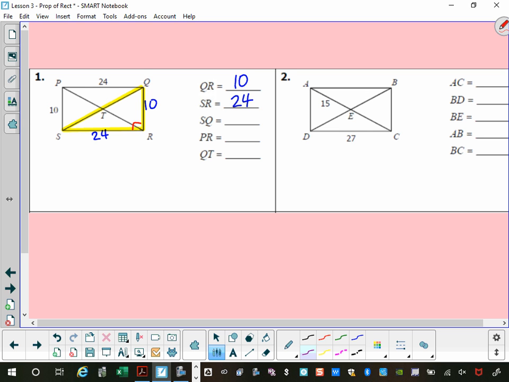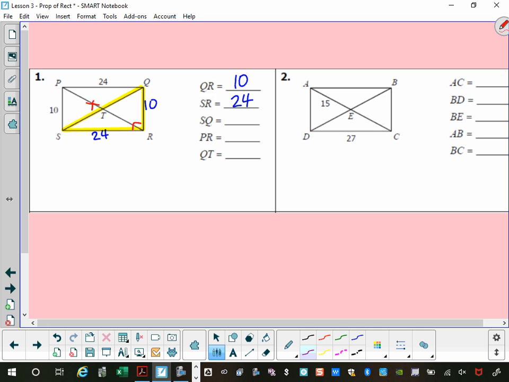Do you guys remember from Unit 7, what do we do when we have two sides and we want to find this third side, which we call X? What's that word? Starts with a P. Pythagorean theorem. You guys remember that?